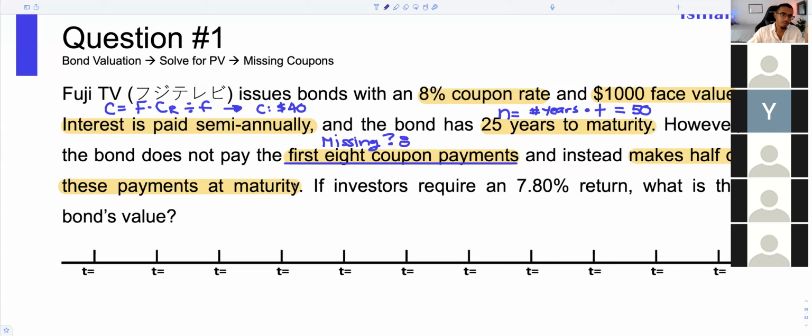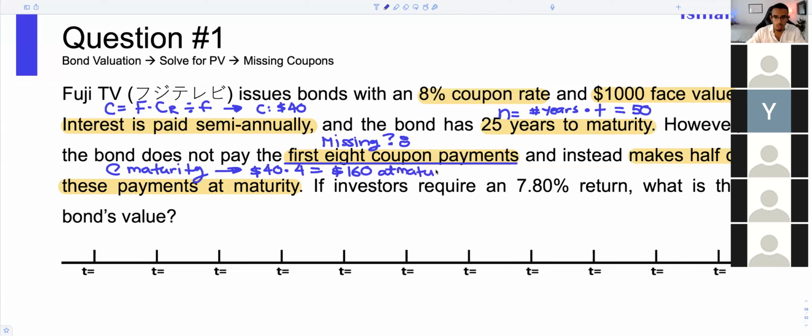Very simple question. How many payments are we going to get back at maturity? Exactly. So at maturity, we're going to get 4 payments, okay? So you could say essentially, it's $40 times 4. We're going to get $160 at maturity. We're only going to get a portion of them.